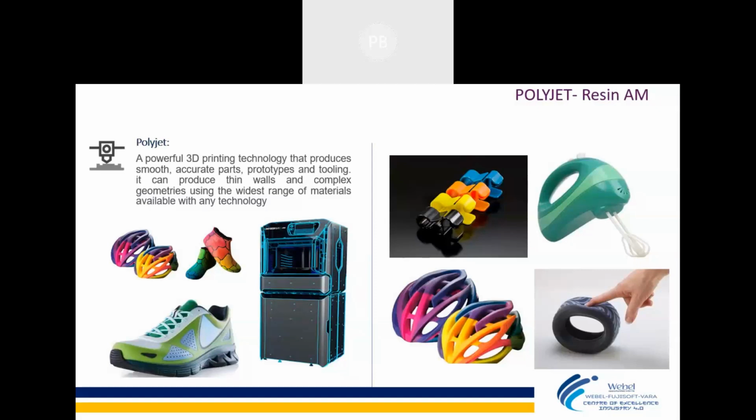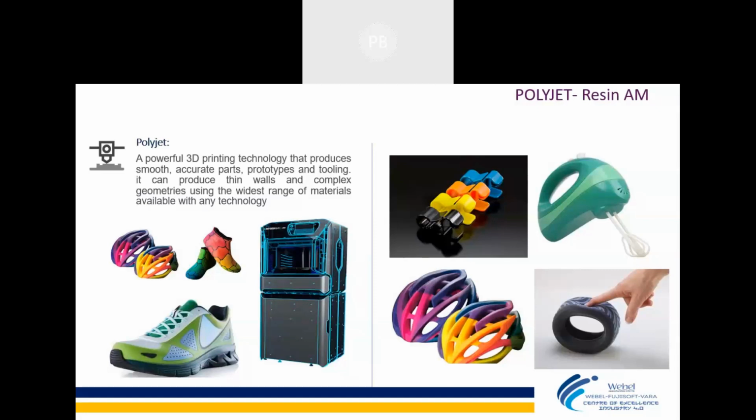Next comes Polyjet. Polyjet is again a very unique technology which offers a printing range with multi-color and even multi-material. It prints in different colors with a CMYK combination, as we use in our normal printers, but with a different range of materials also.